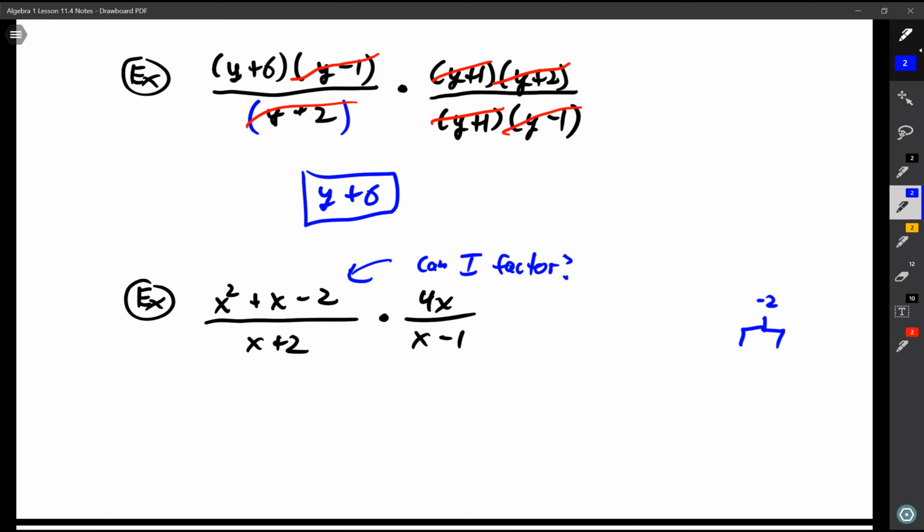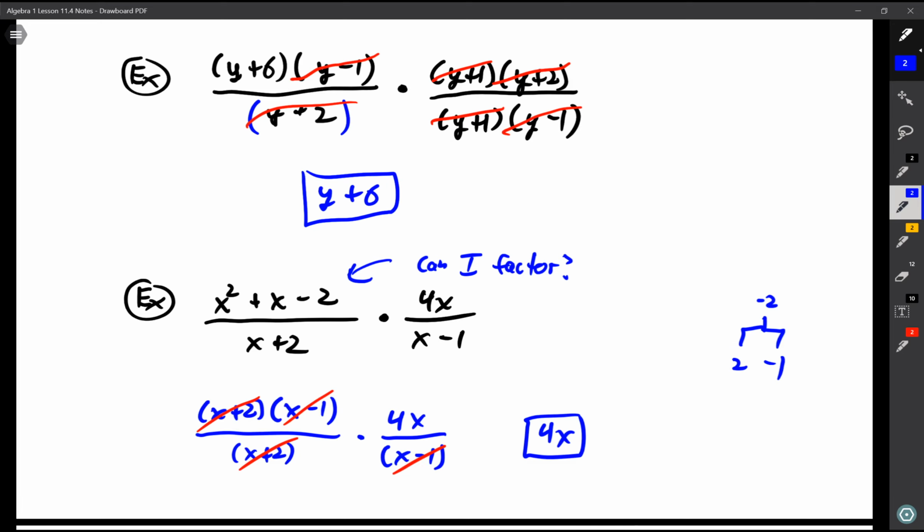Okay? So sometimes you'll have to factor in order to see what can cancel. The other direction this could have gone, but I don't recommend doing it this way. I always recommend checking first to see if you can factor. If you multiplied this x plus 2 times this x minus 1, you would have ended up with, on top, x squared plus x minus 2 times that 4x.